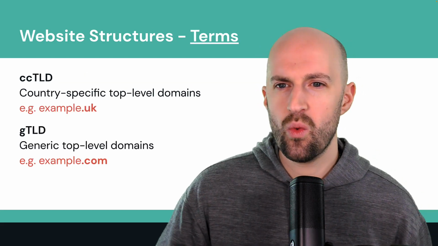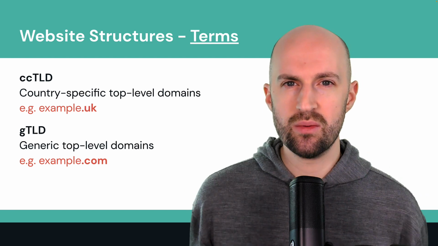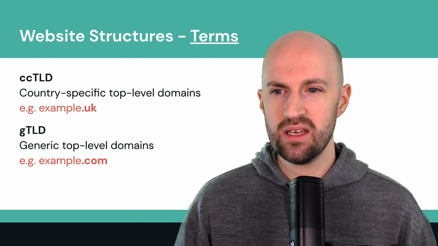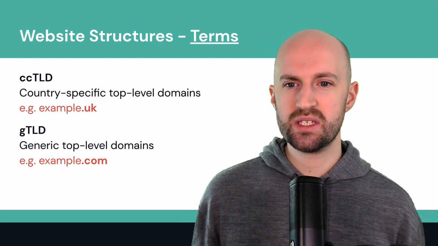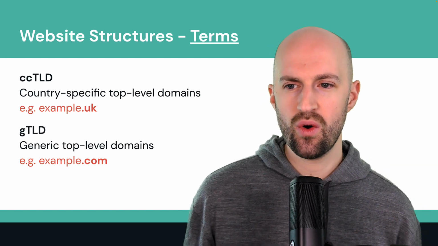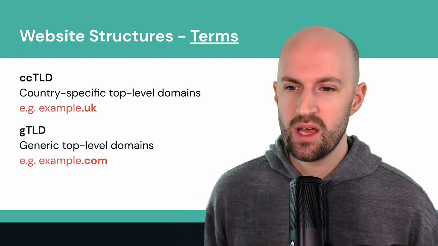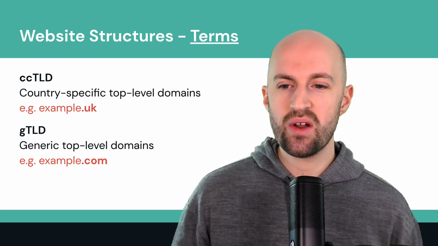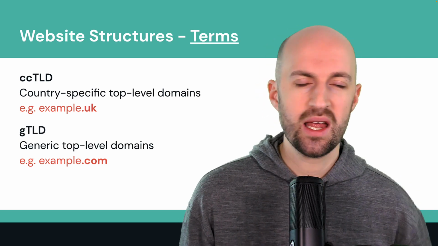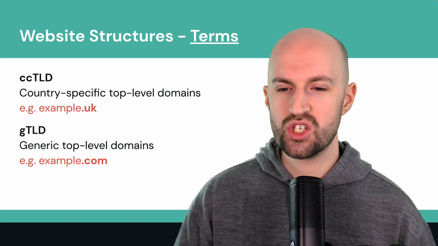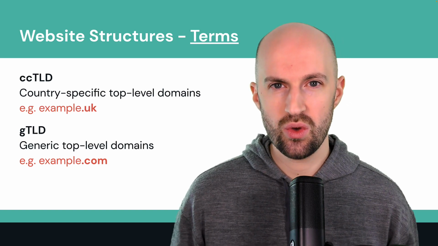So let's talk about website structures and the terms relating to that. You might have heard ccTLD. It's basically a country-specific top-level domain, for example example.co.uk. Or gTLD is a generic top-level domain. So you've heard of these: .com, .net, .org. These are generic and not specific to a country.